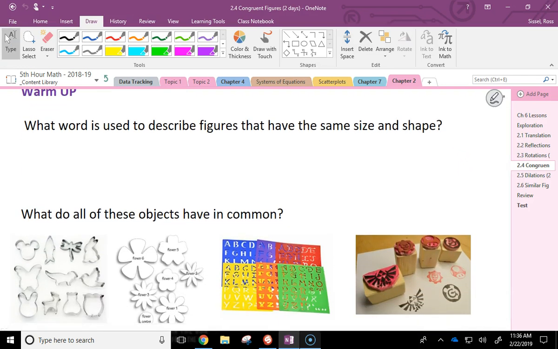What is a word that is used to describe figures that have the same size and shape? There's multiple answers. What can we use that would tell us the same size and shape? Shape. Okay, I got equal. No, shape doesn't mean the same size and shape. Okay, so let's see.